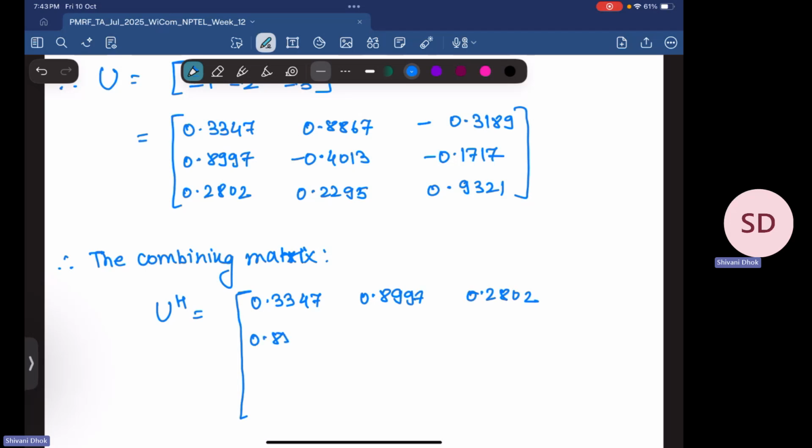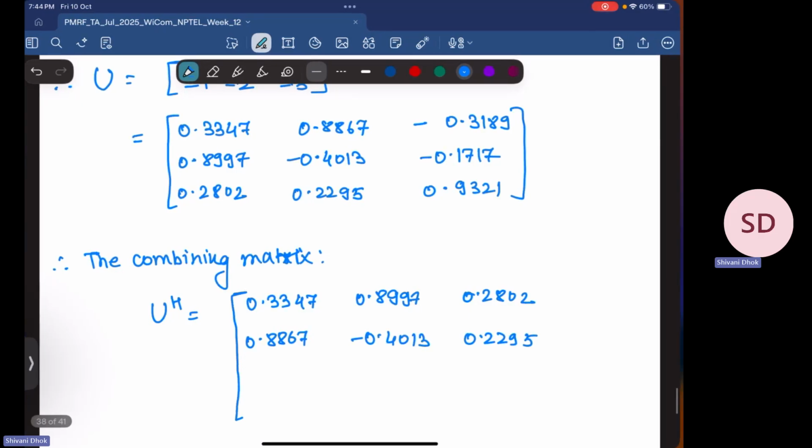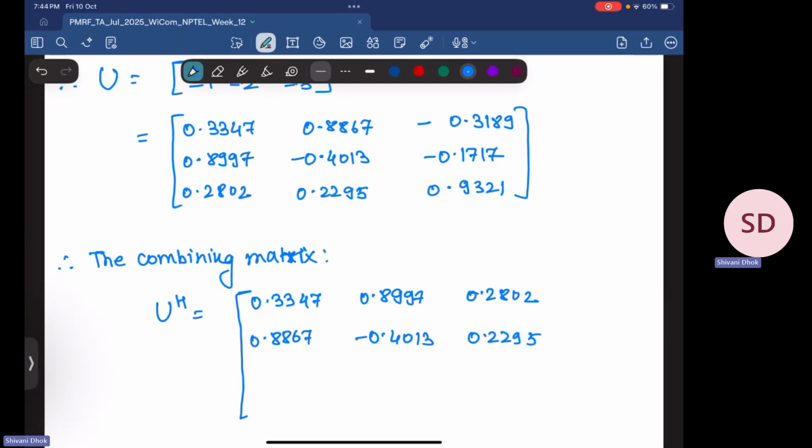Then we have 0.8867, minus 0.4013, and 0.2295, and the last one will be minus 0.3189, minus 0.1717, and 0.9321. So this is your combining matrix.